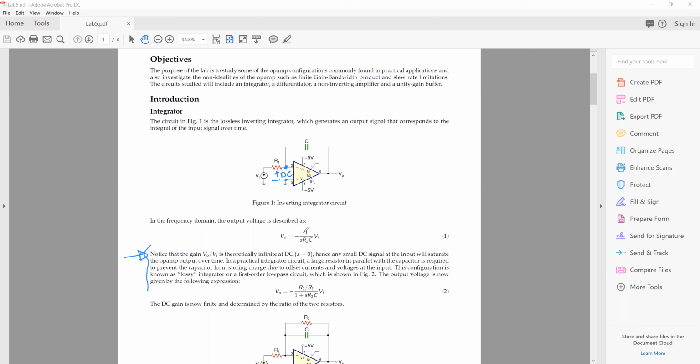And if you see this integrator behavior, right? If I substitute s equals 0, the gain of this transfer function is literally infinite. So the output will just blow up or otherwise saturate at the maximum voltage, which could be plus 5 volts or minus 5 volts, depending on the sign of the input voltage difference, right?